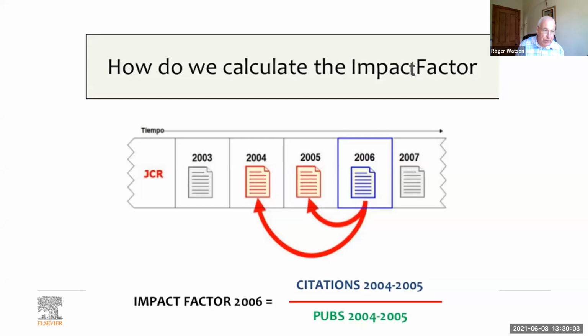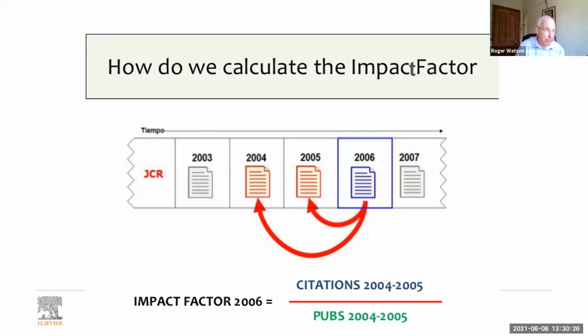You'll notice that my journal, for example, being an Elsevier journal, uses a CiteScore. There are eigenfactor values and SCImago ratings, but the impact factor, which is owned by Clarivate, is the one that everyone really refers to.